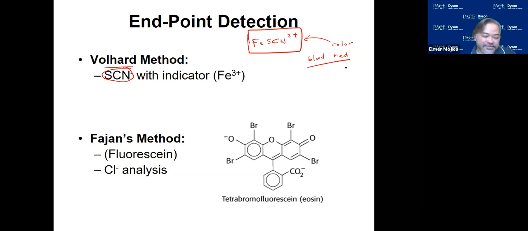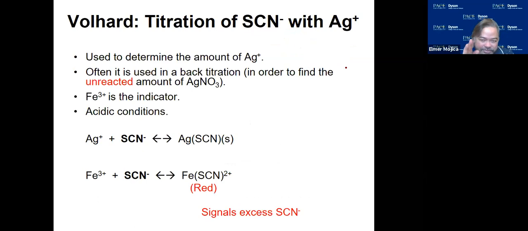When the reaction is already complete, it will still remain red. We use this to determine the amount of silver ion, and often it is used in back titration, because you want to find the unreacted amount of silver nitrate. So your Fe3+ there is your indicator.